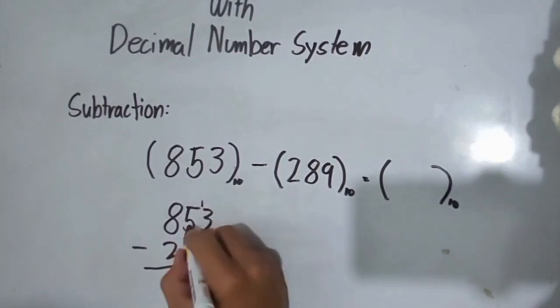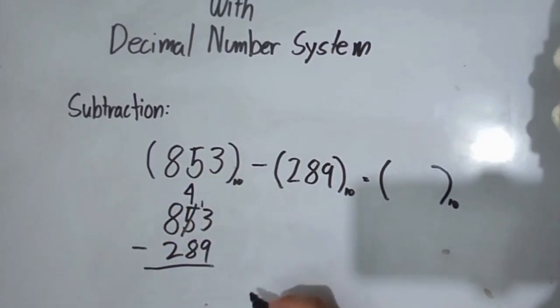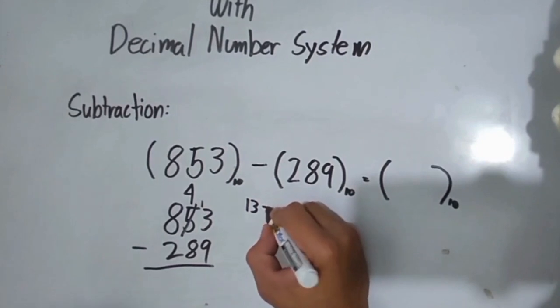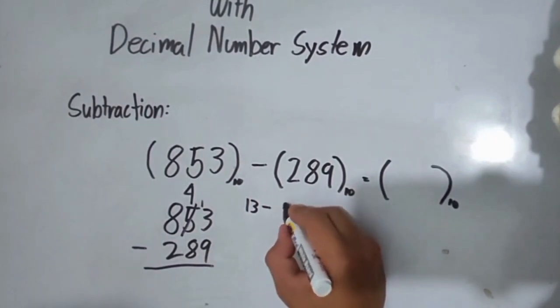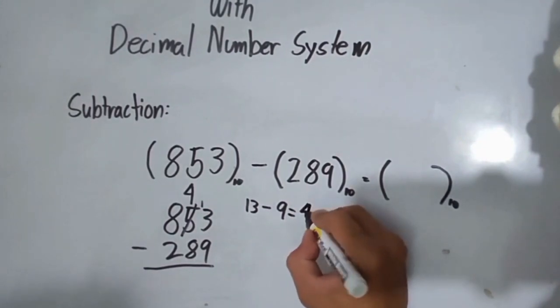The number we borrowed from will become 4, and 3 will become 13, because we borrow from the next place, which represents 10. So 13 minus 9 is 4.